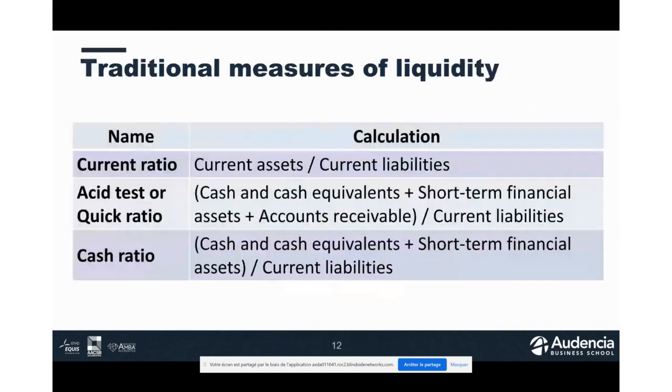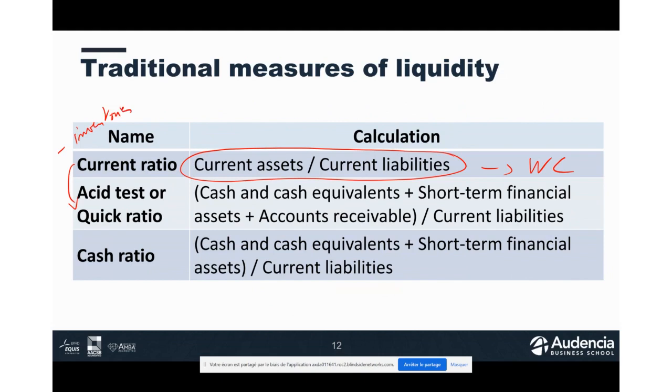We have other liquidity ratios. So we saw the current ratio, which is related to the working capital. And we can have other ratios. Here, the difference with the current ratio, it's we don't include the inventories. So minus the inventories. We don't want the inventories.